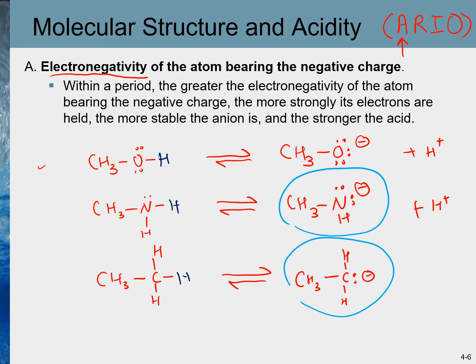Now, the first factor which affects the stability of conjugate base is A, and under A we have electronegativity first. So we need to look at the electronegativity of the element which holds the negative charge.